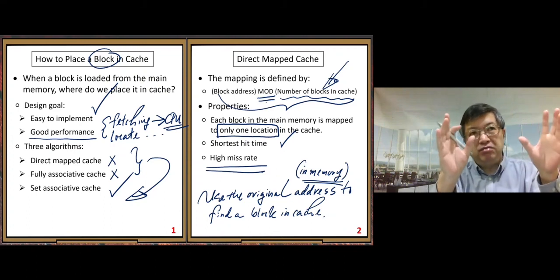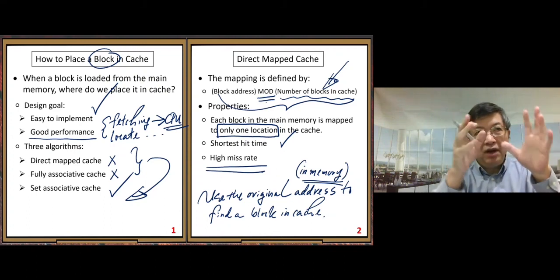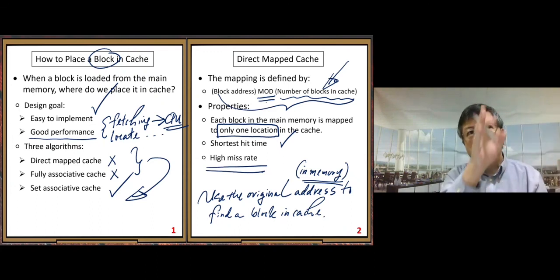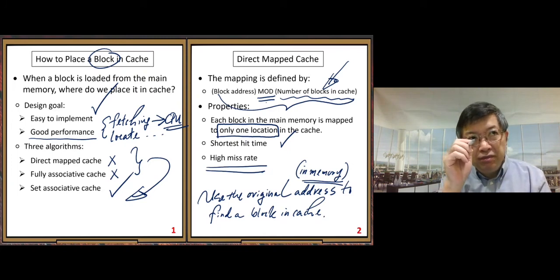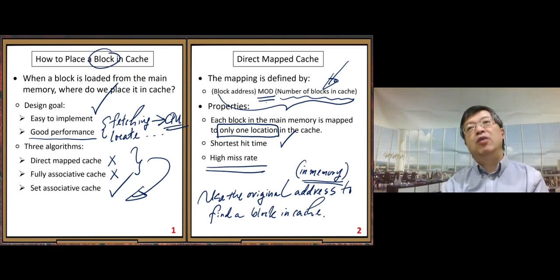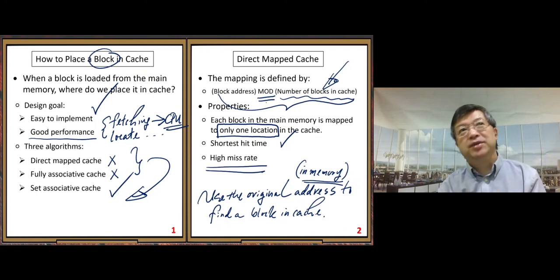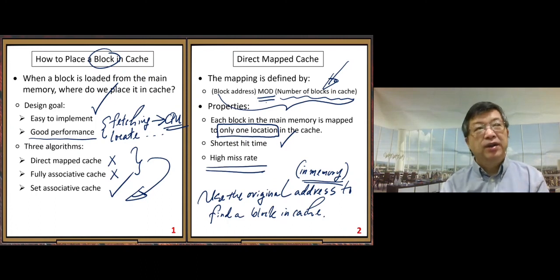You need to calculate the percentage, how big it is. That percentage is the miss rate. Here, this way, the miss rate is high. Why? You can think about the scenario like this.